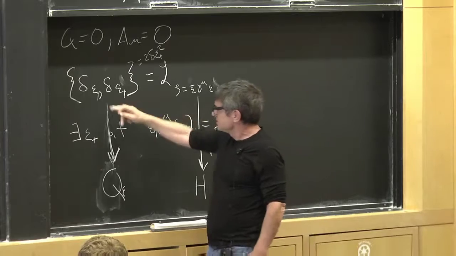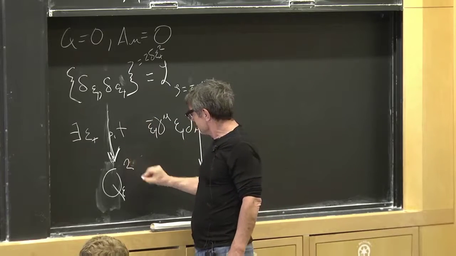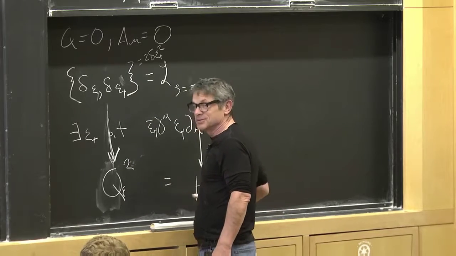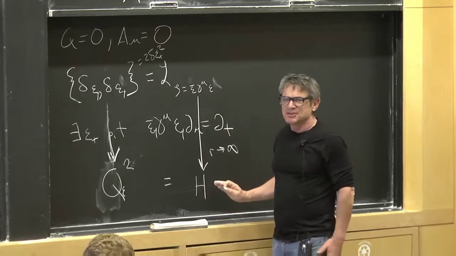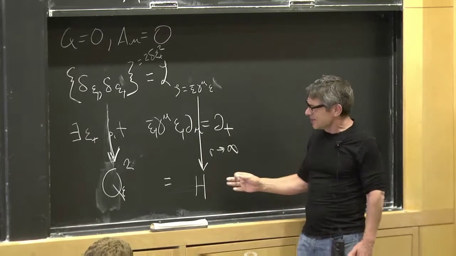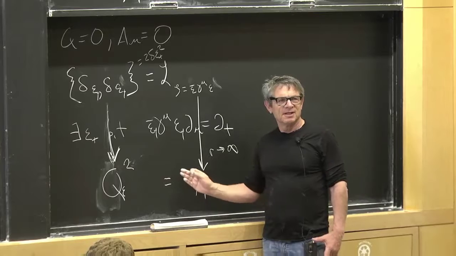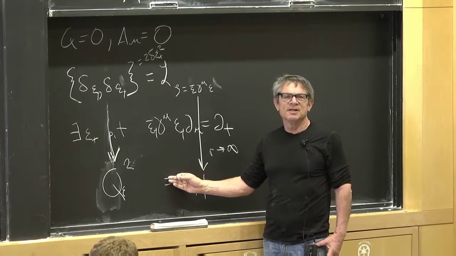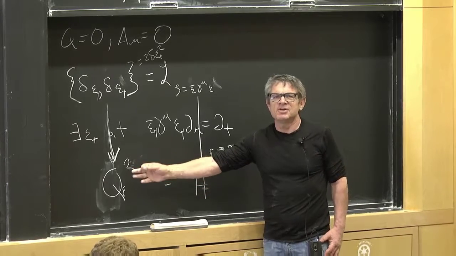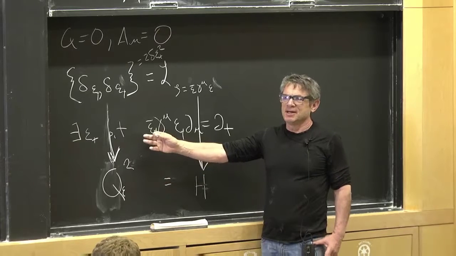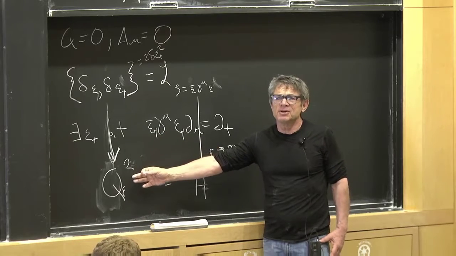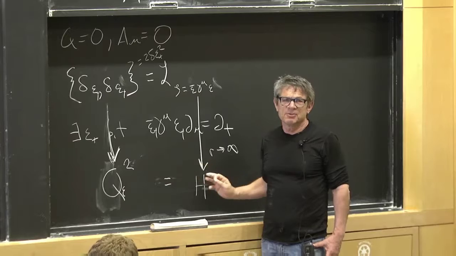So each one of these is a Q epsilon, and I have a relation of the form Q epsilon squared is equal to H. So in other words, the Hamiltonian in supergravity has a square root. There's an operator, and one can show it's a Hermitian operator whose square is the Hamiltonian.